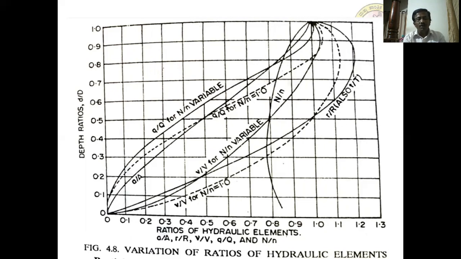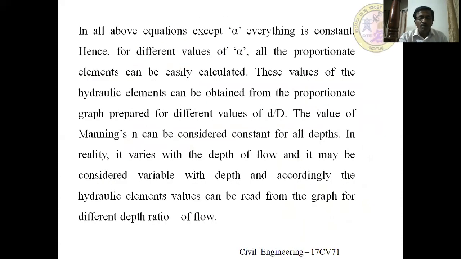In very simple words, the ratios of V by V and Q by Q are not maximum for the running full condition. They are maximum only for partial flow. V by V is maximum at 0.8 and Q by Q is maximum at around 0.91, more than 1. It is called the specialty of that particular one.